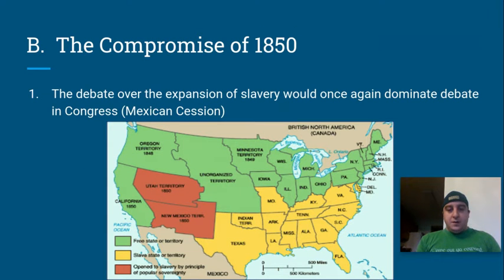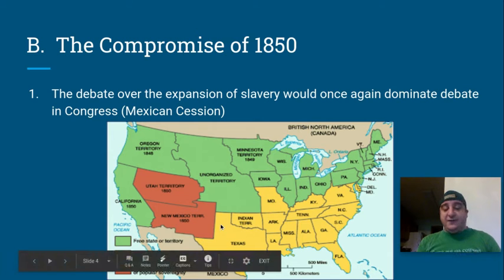However, a couple of new things are going to happen before 1850 that will result in the need for the Compromise of 1850. For example, the United States fights the Mexican-American War, and California, the Utah Territory, the New Mexico Territory, and Texas all become part of the United States.